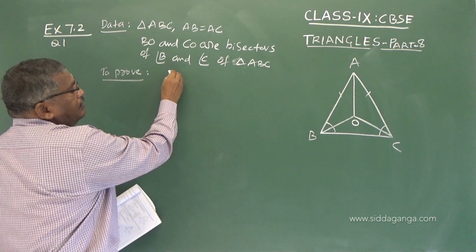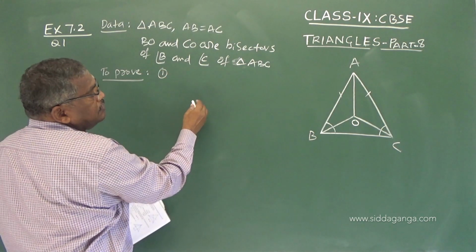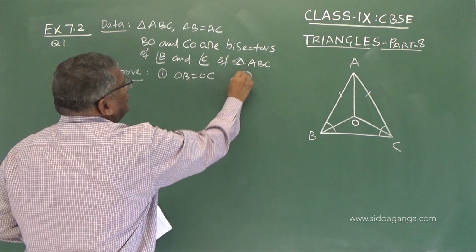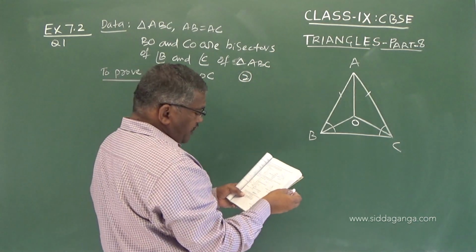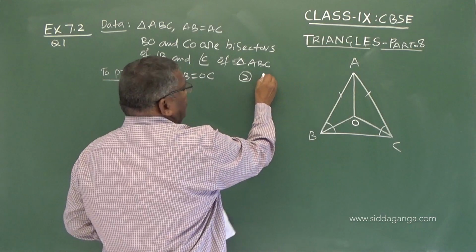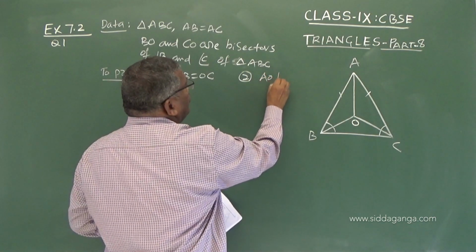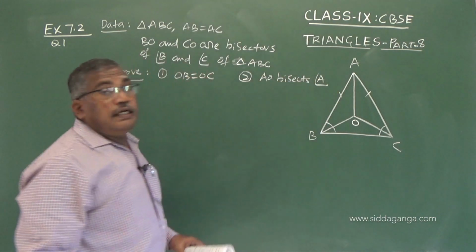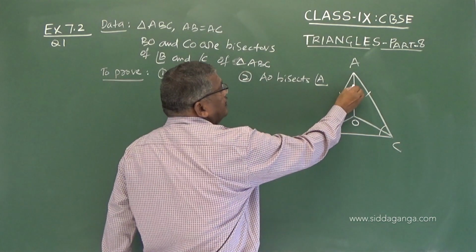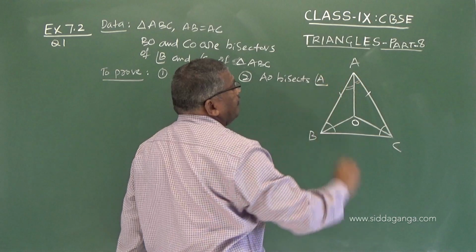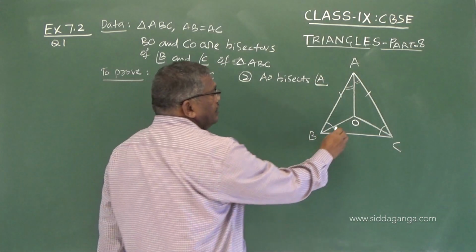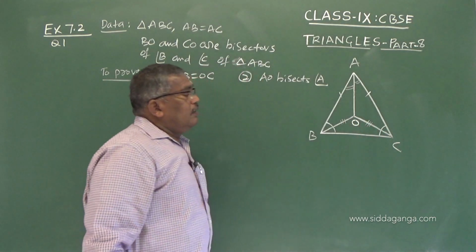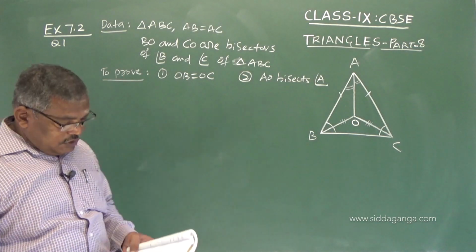First one, OB equals OC, and second question, AO bisects angle A. That means we have to prove that these two angles are equal, and we have to prove that this BO is equal to OC. So this is what is to be proved.